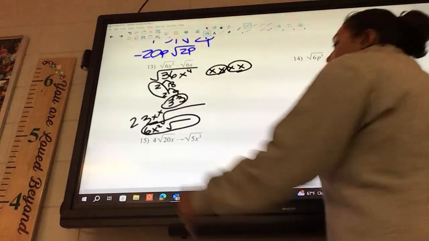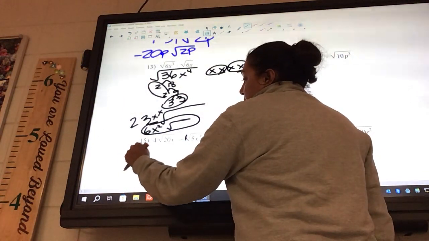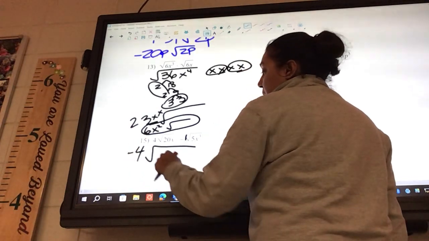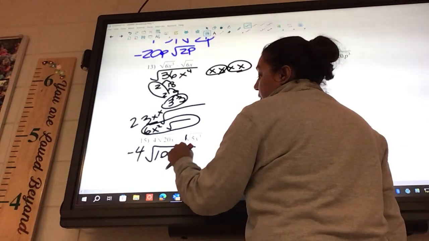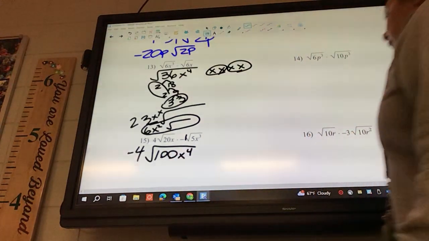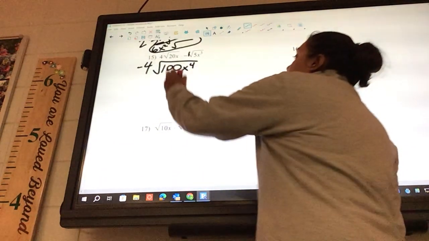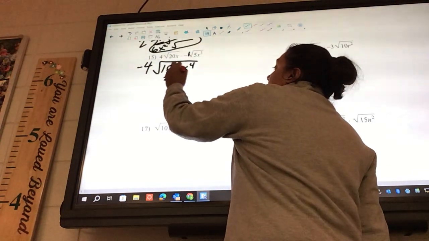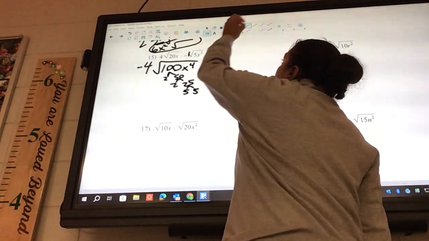Number 15 is going to be 4 times negative 1. There's really a negative 1 on the outside there. So negative 4 square root 20 times 5, so 100, x to the 4. Well, 100 is going to be 2 times 50, 2 times 25, 5 times 5.